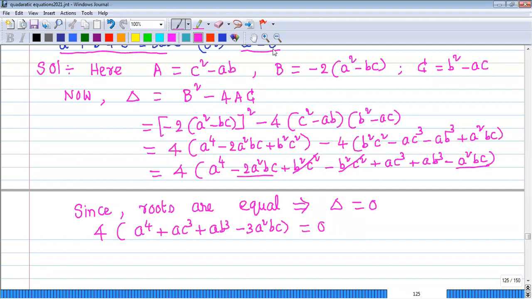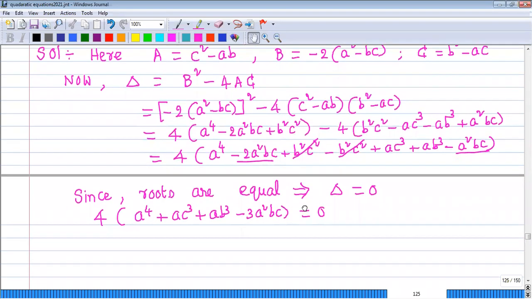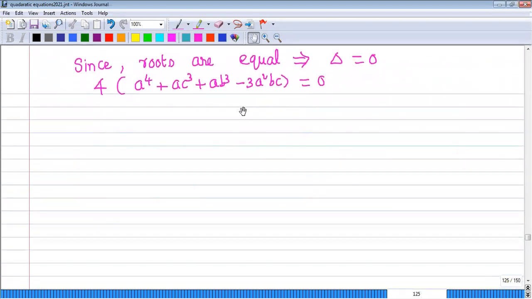Divide both sides by 4. If you divide both sides by 4, what do you get now? a to the power of 4 plus ab cube plus ac cube minus 3a square bc equal to 0.